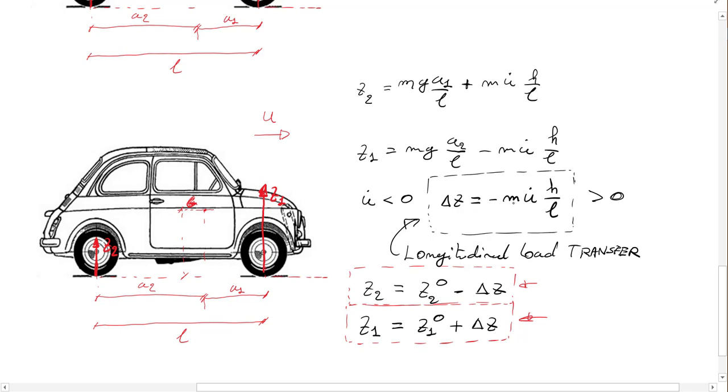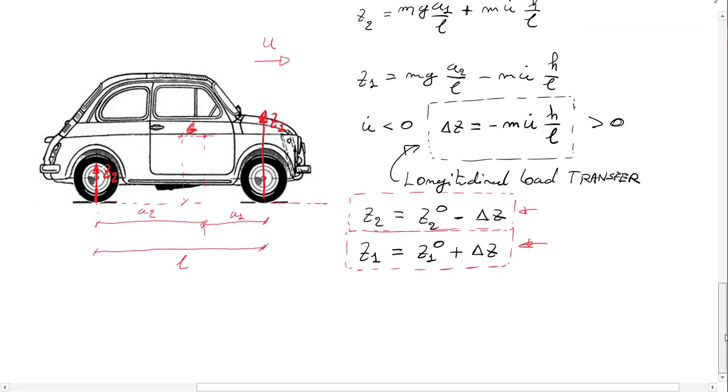And this completes our lesson. In this lesson we saw what delta Z is: our longitudinal load transfer.